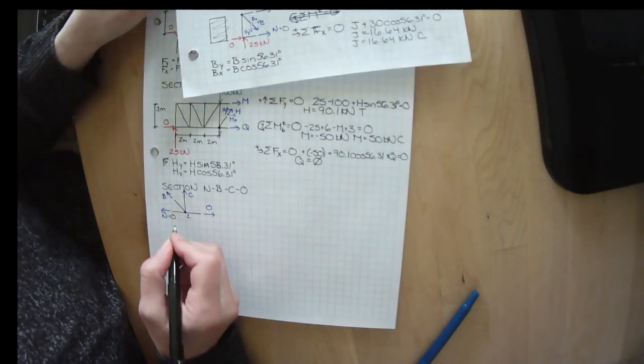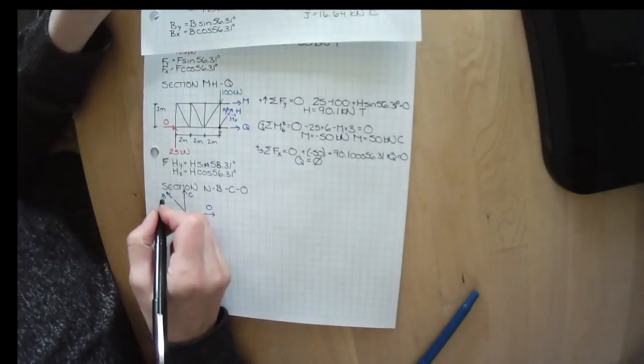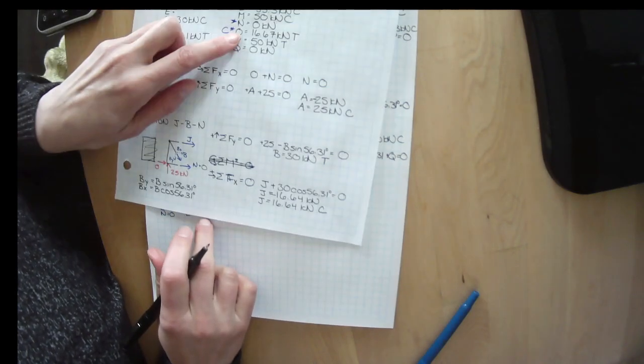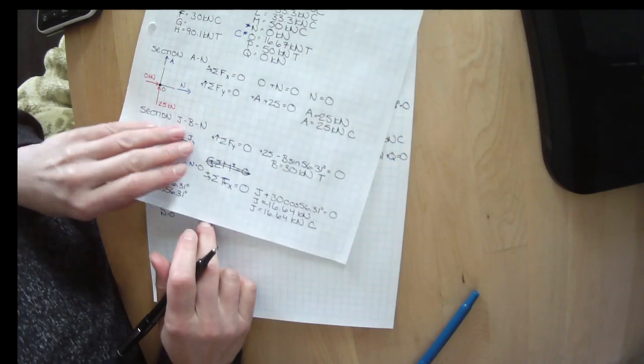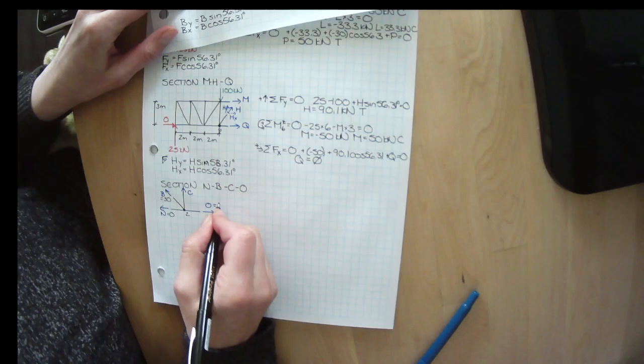Well, we know that N equals 0. B equals 30, and it is actually in tension. C hasn't been solved for, and O has been solved for: 16.67 kilonewtons in tension.